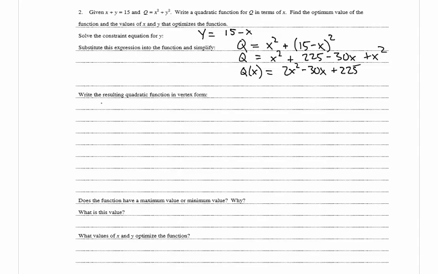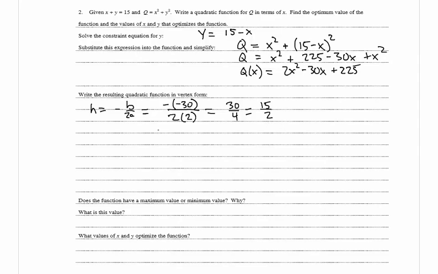So we're going to have h is equal to negative b over 2a, which is equal to negative 30 divided by 2 times a, which is 2, and this is equal to 30 over 4, or 15 over 2.